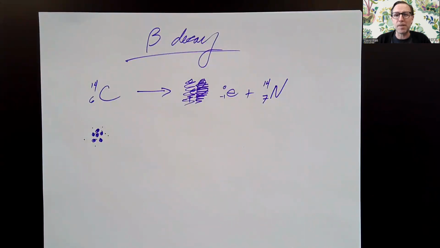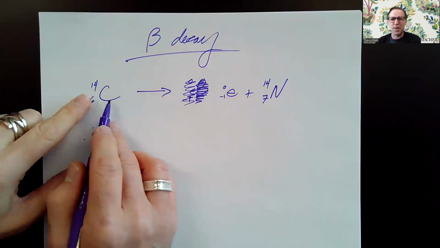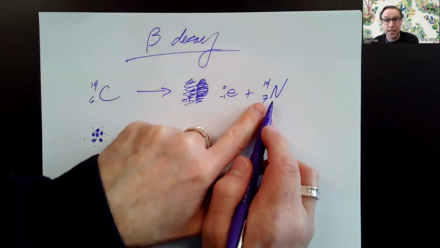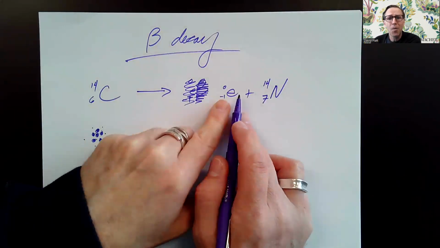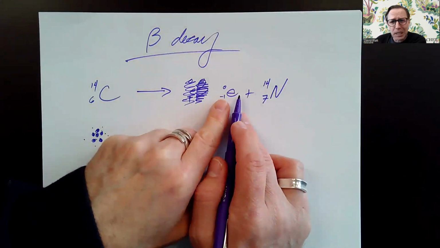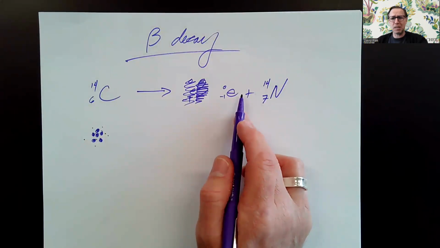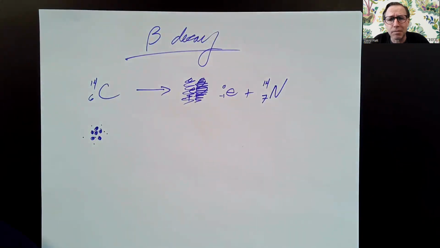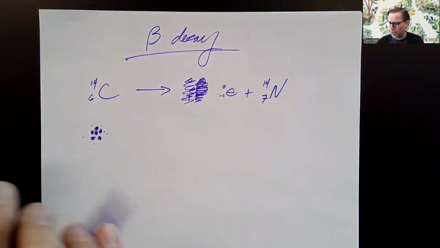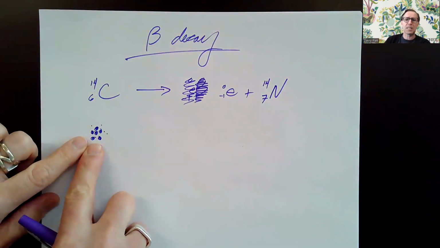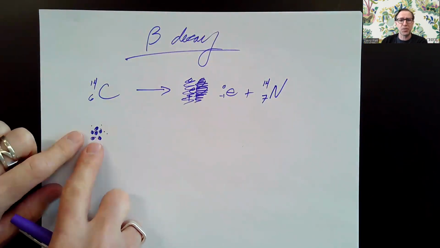your question earlier might have been, wait a minute, I thought this was a nuclear reaction. I thought we started out with a nucleus and we got a new nucleus. We do. How did a nucleus emit an electron? Because what's in the nucleus? What are the nucleons in the nucleus? Protons and neutrons.